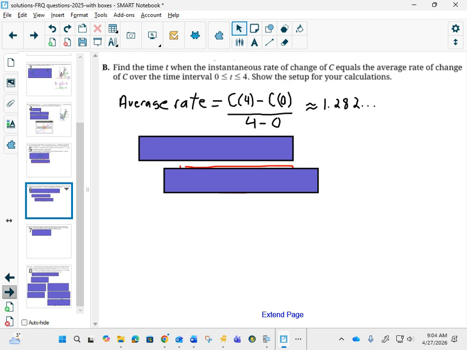Because this is like they gave you the distance formula. They wanted to find average speed. Now it's the secant line. So we can just take C of 4 minus C of 0 over 4 minus 0. That would be the average rate. C prime of t needs to equal that.